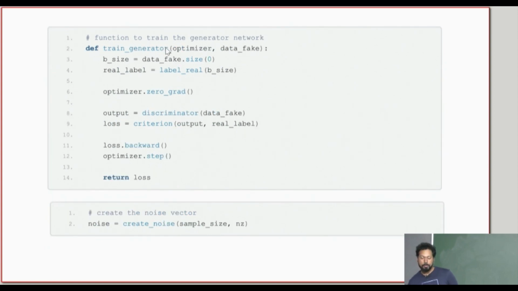And then finally we have the train generator, and the generator will only work with the... So we initialize the optimizer with the zero gradients, and then the output is from the discriminator, and then the loss is between the output and the real label, and then we do the backprop for that loss, and then we do the optimizer step to update the weights of the generator.